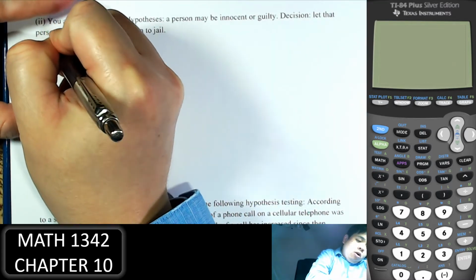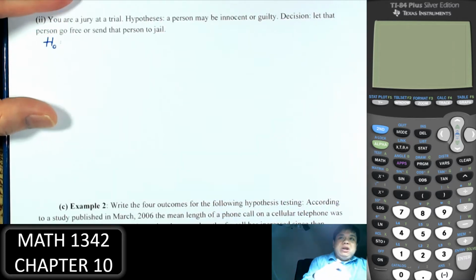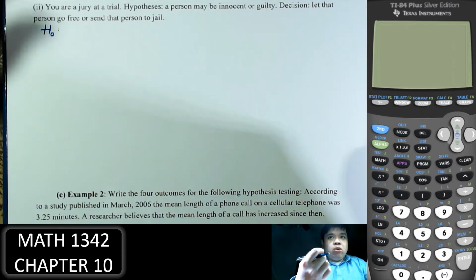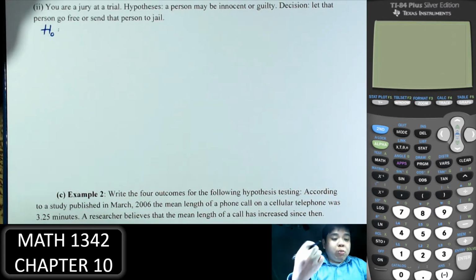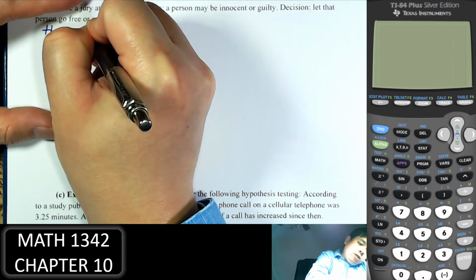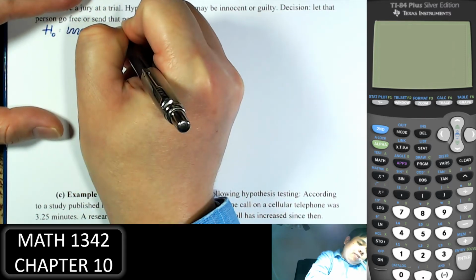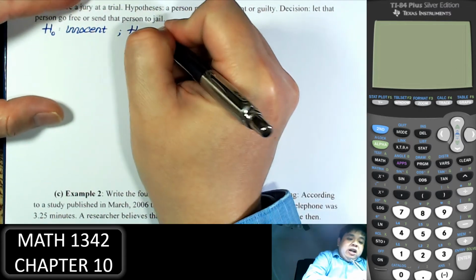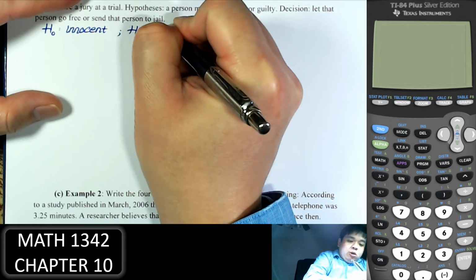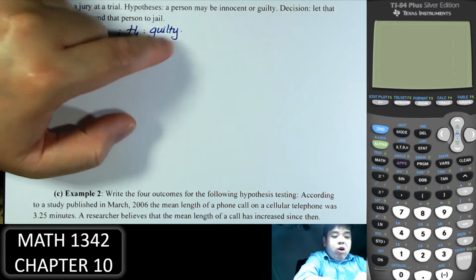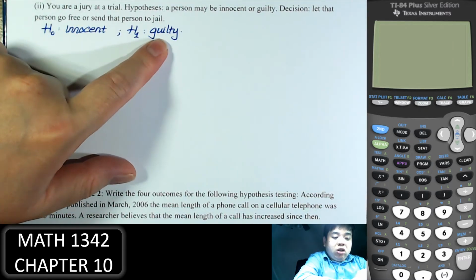Alright, so the null hypothesis, remember, it has to be a status quo. Before a trial, that person is innocent, so the status quo would be innocent. Because of that, H1 will be the opposite, of course, guilty. And the prosecutor will try to show that the person is guilty.